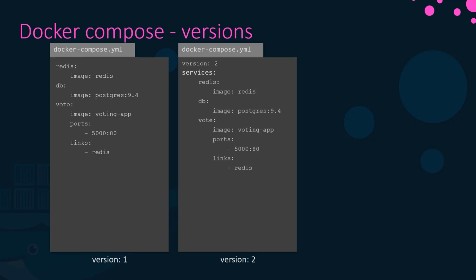Another difference is with networking. In version 1, Docker Compose attaches all the containers it runs to the default bridge network, and then uses links to enable communication between the containers as we did before. With version 2, Docker Compose automatically creates a dedicated bridge network for this application and then attaches all containers to that new network.